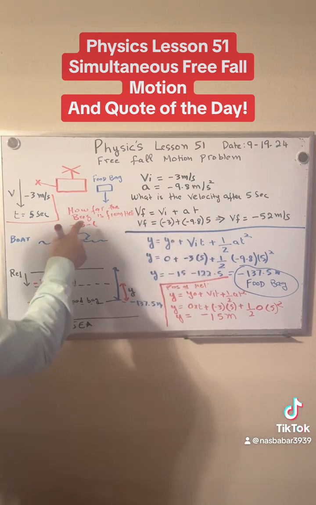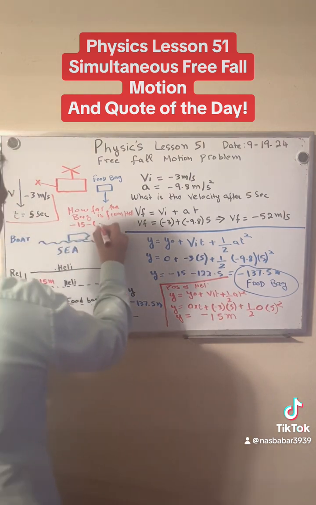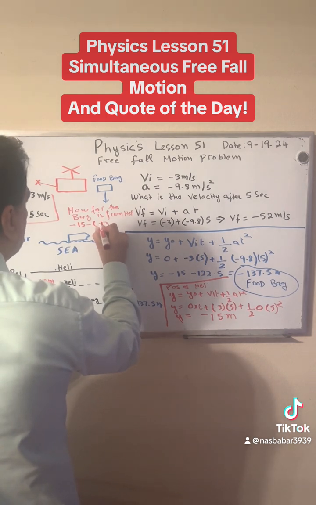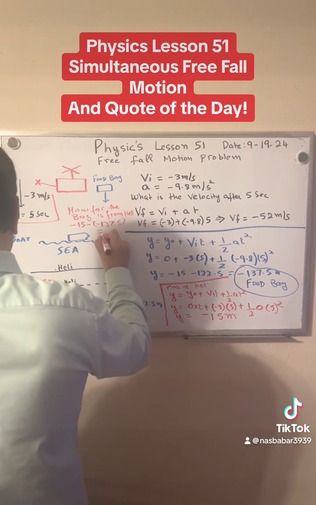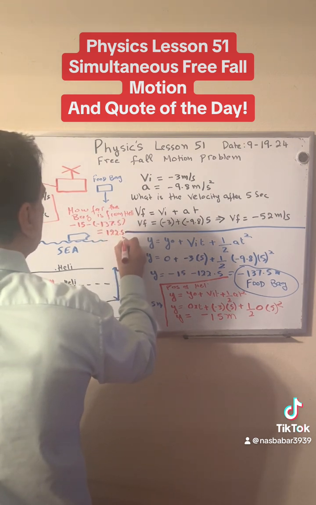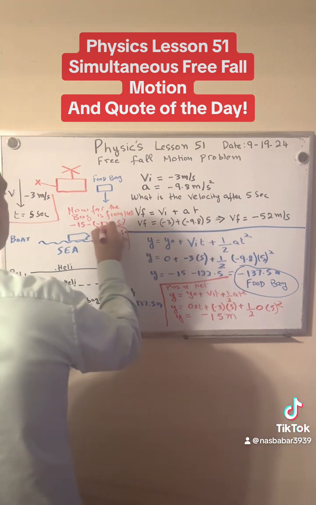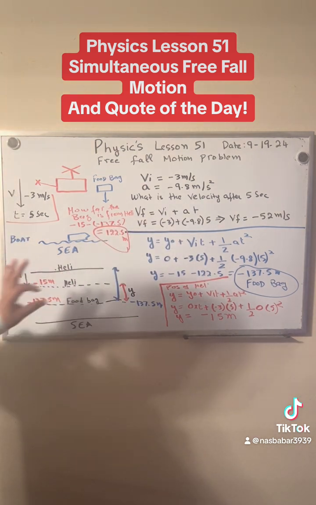You have to keep the signs in your mind. And when you solve this, you get 122.5 meters. So that is, my friend, the answer. That is the distance between heli and food.